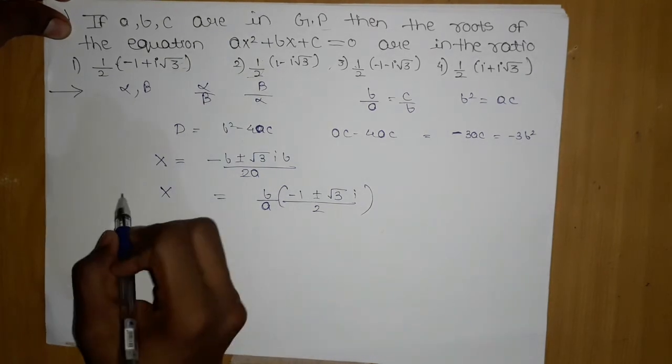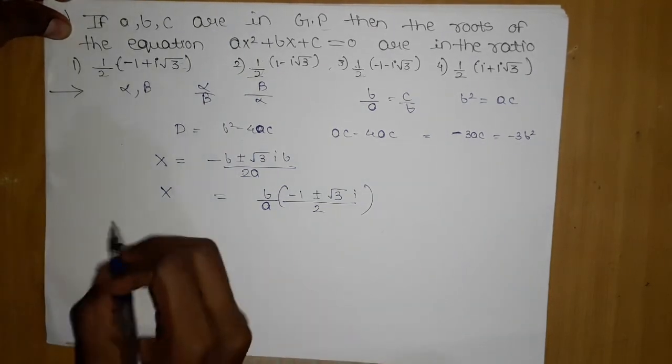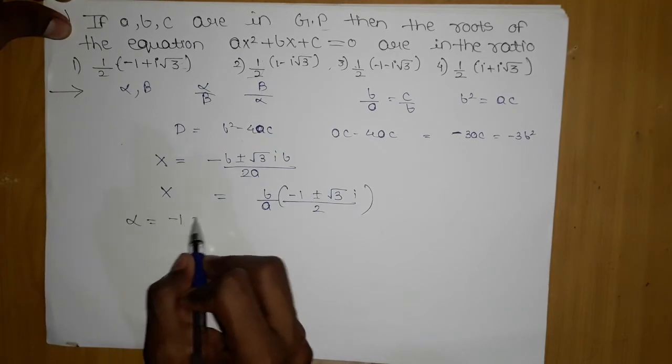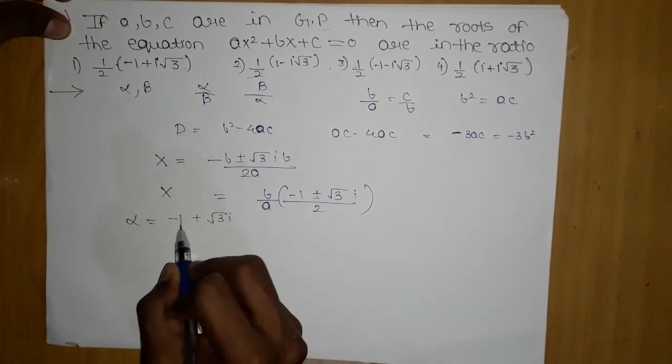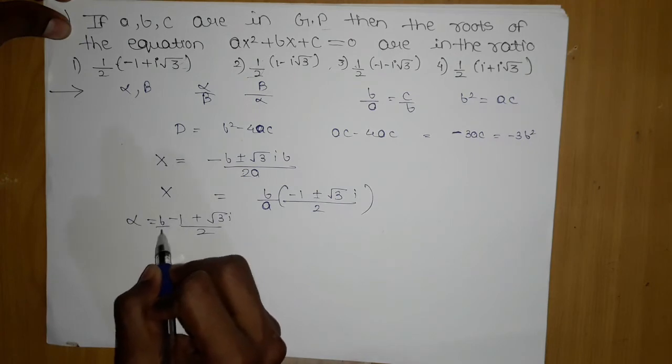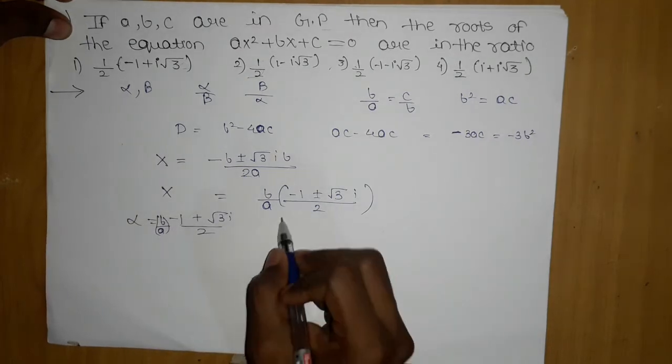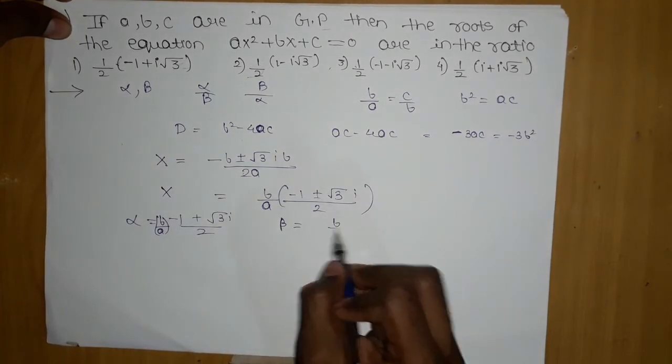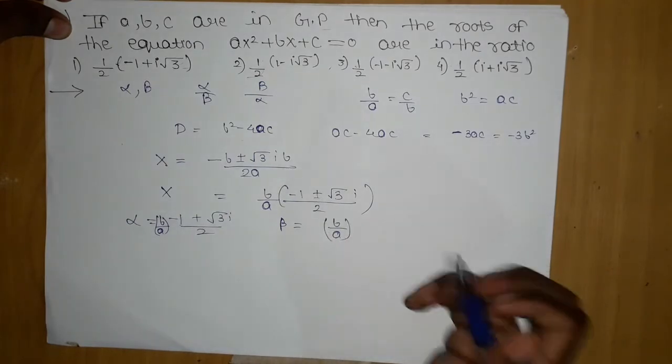Now, the thing is you should be fast: the b by a will cancel out, 2 will cancel out. So let me write it separately, alpha and beta. If I write alpha by beta, I will get this. This will be 2b by a, although it is just time consuming, but for your better understanding I am writing it, although you can directly do that.